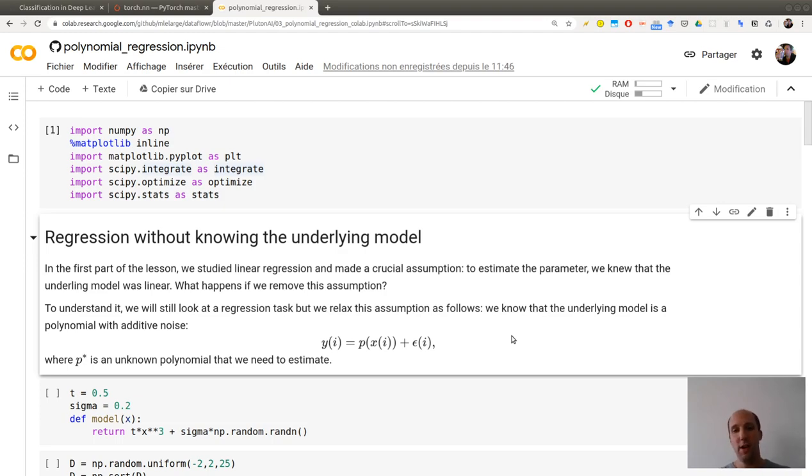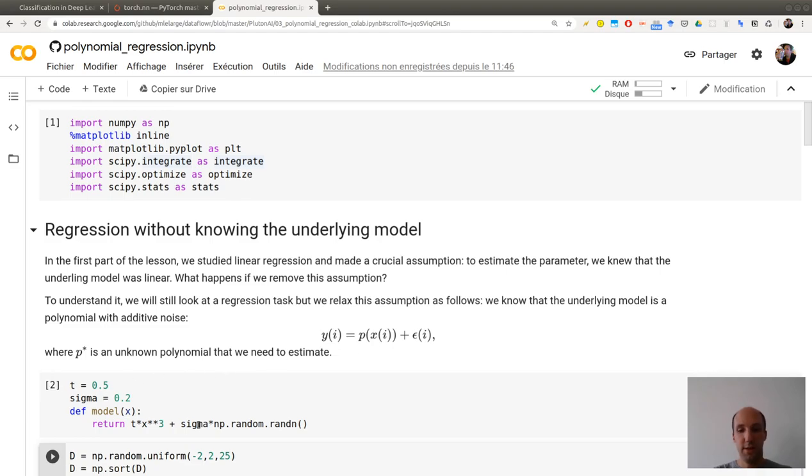So to make life a bit more interesting, I'm also considering a model which is a bit more complicated. So this model will be now the output y is a polynomial applied to the feature x plus some noise.